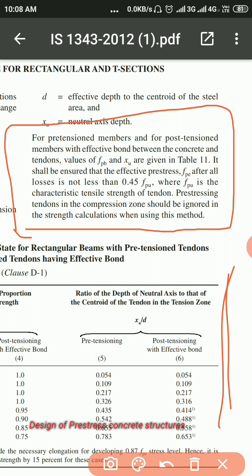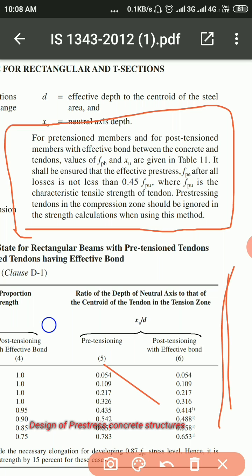It shall be ensured that effective pre-stress FPE after all losses is not less than 0.45 FPU, where FPU is the characteristic tensile strength or ultimate tensile strength of the tendon. Look here at what they have stressed: tensile strength.